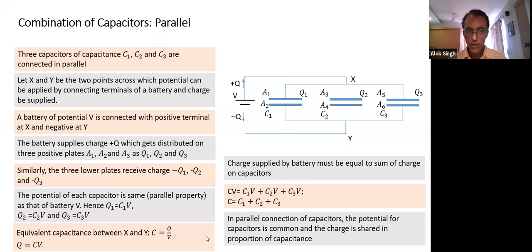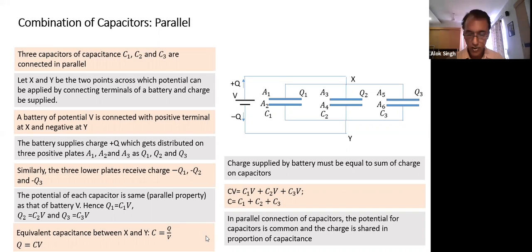I'll repeat again the points related to series connection. Plates of the capacitors are connected directly without any branch. They form an isolated system, hence the charge on all capacitors connected in series is the same. But they share the potential applied in inverse proportion of capacitors.